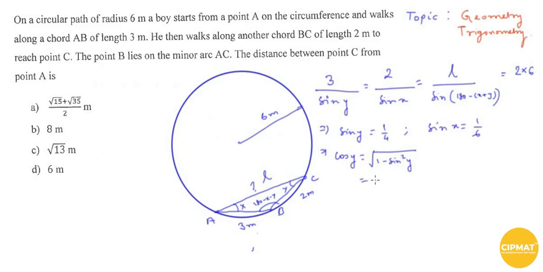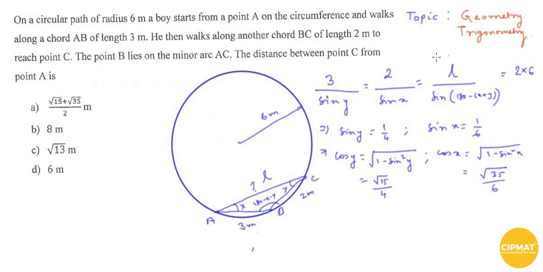You are going to find out the value of cos Y as root 15 by 4. And similarly, if you find out the value of cos X using the formula root over 1 minus sine square X, you're going to get root 35 by 6.